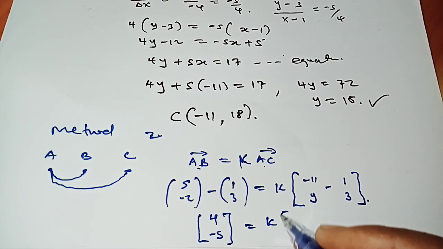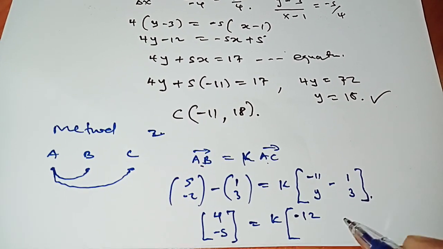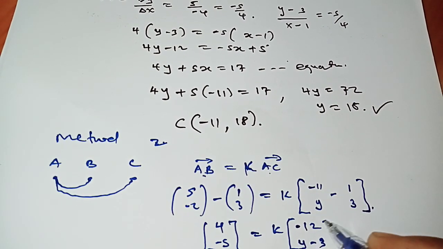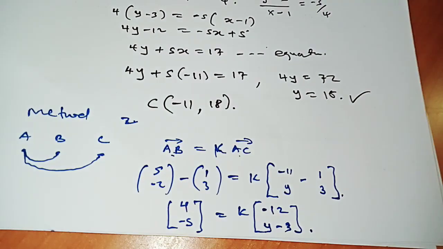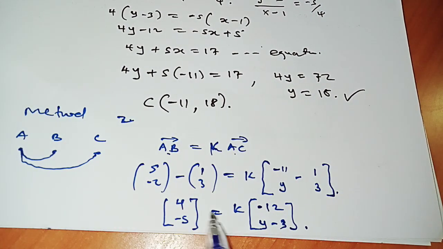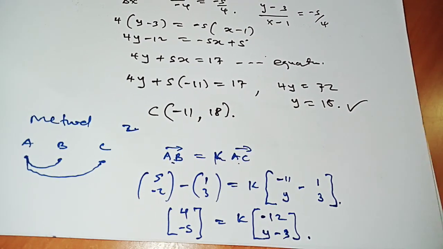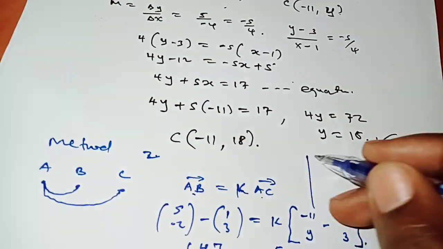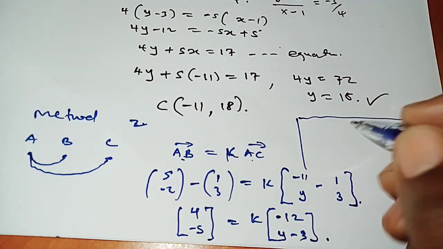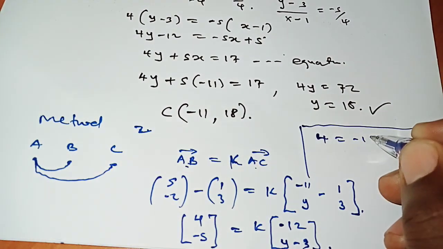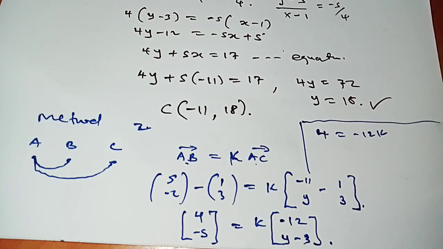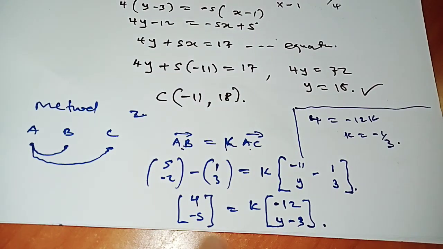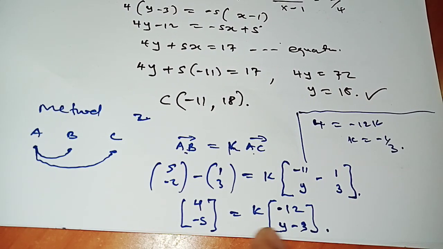Then you have k into minus 12, and then here we have y minus 3. Okay, running short of space. So you can see that the first part here we can use it to get the value of k, and so I will come here and write, we have 4 is equals to minus 12k, so k is equals to minus a third.